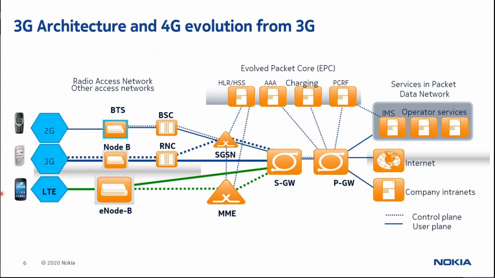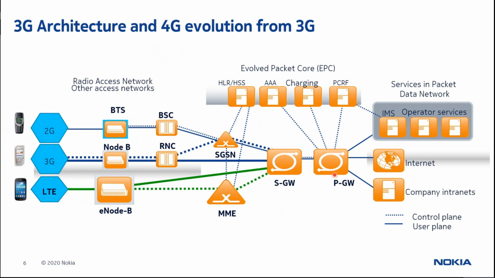GGSN was a gateway GPRS support node. It was one of the most important entities within the GPRS network. So the combined entity of these two organizes the interworking between the GPRS network and external networks that you have. So basically, it is acting like a coordinating entity or an interworking entity, and the external party can also include the internet as well as other X.25 networks, or let's say company intranets.